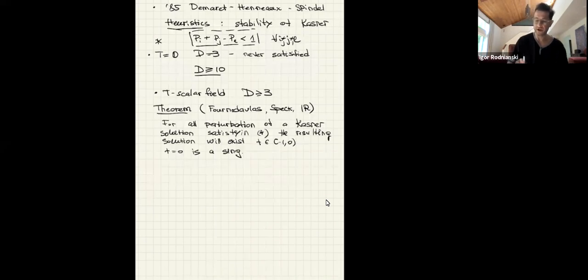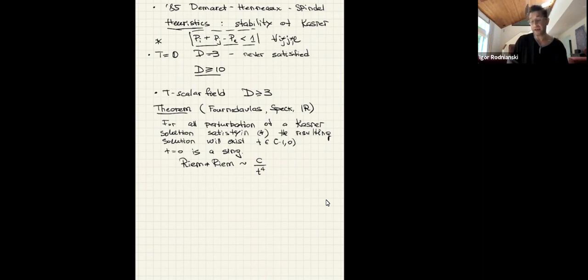Moreover, you can compute the Kretschmann scalar. So this is Riemann curvature, in fact, (D+1)-dimensional Riemann curvature contracted with itself. That's the Kretschmann scalar. And it does behave like constant divided by t to the power 4. So that's a strong blow up here.